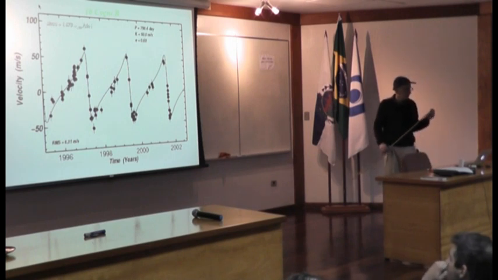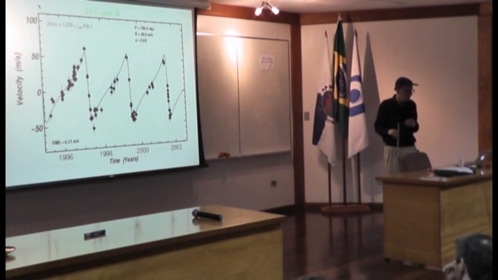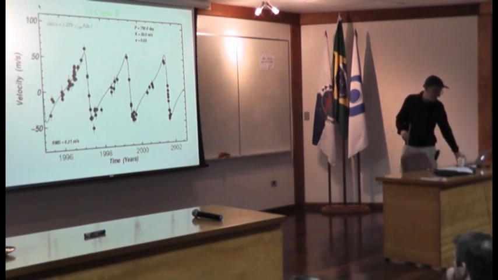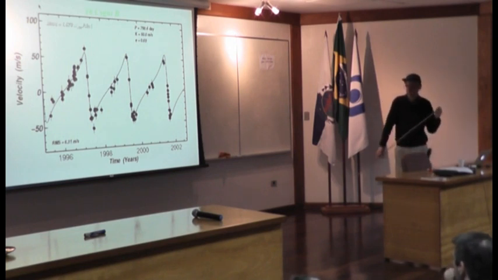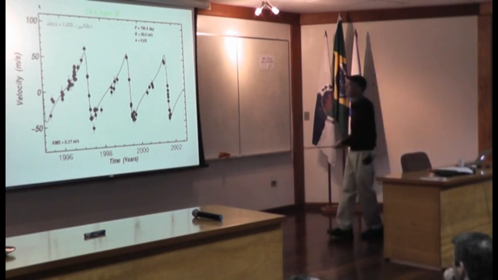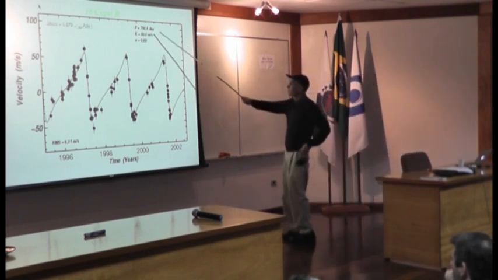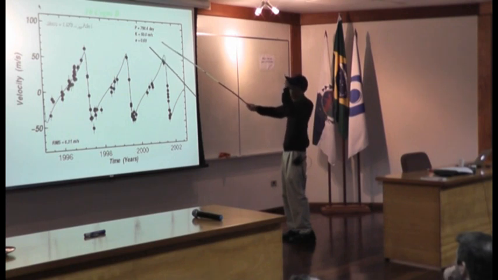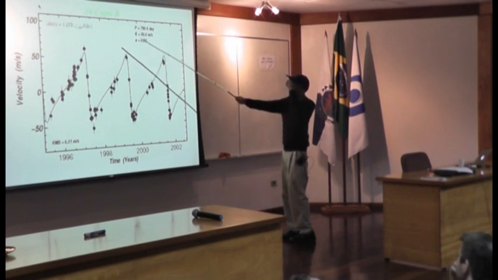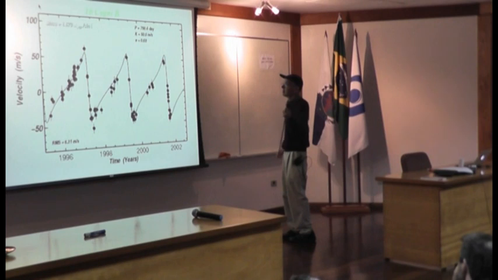This is an actual light curve taken in the early years of the success of radial velocity. We have a planet in a 2-year-plus orbit, quite eccentric, with a minimum mass 60% above Jupiter's.